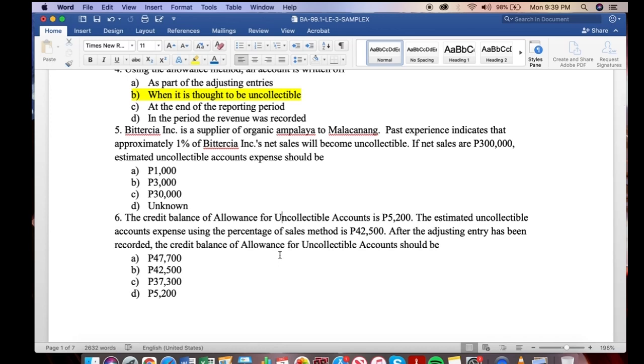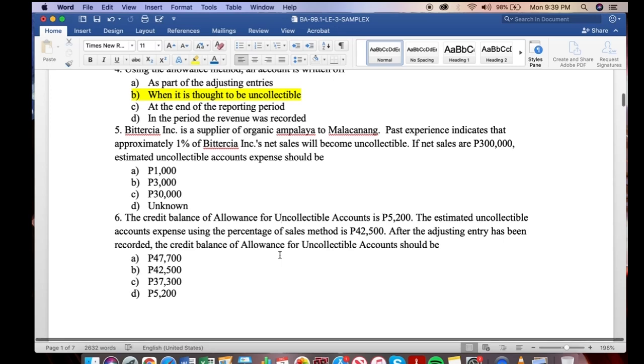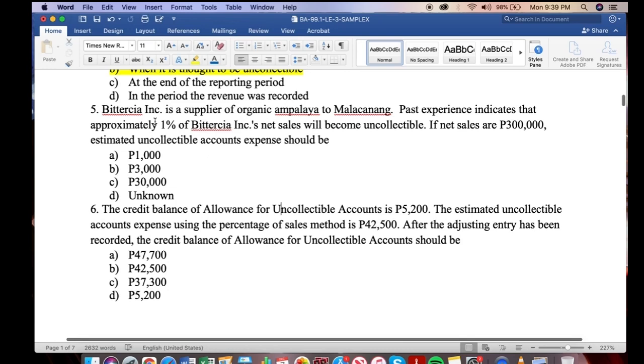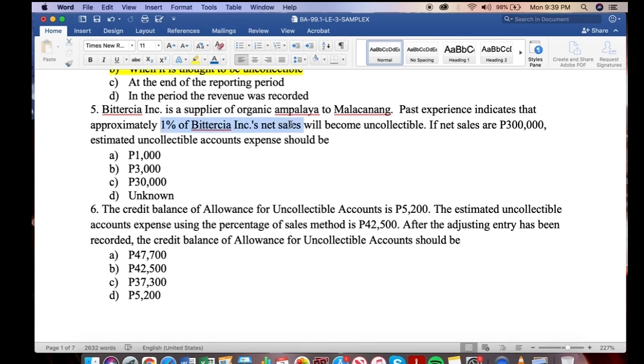Number 5. Bitersha Incorporated is a supplier of organic products. Past experience indicates that approximately 1% of Bitersha Incorporated net sales will become uncollectible. If net sales are 300,000, estimated uncollectible accounts expense should be? Notice that it says 1% of net sales, which means the method being used is percentage of sales.